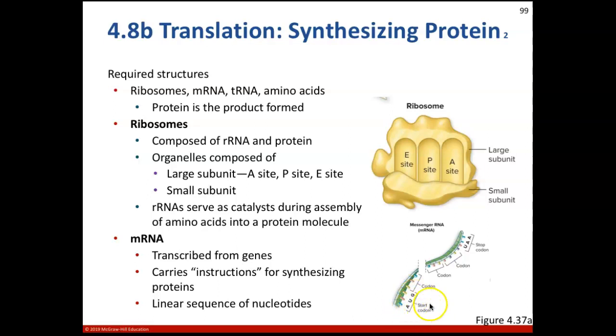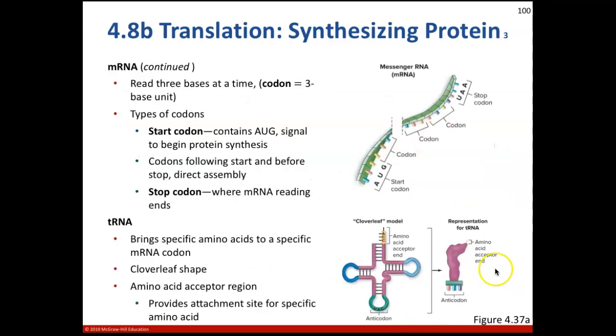So AUG is our start codon. That's going to tell our ribosome, hey, start over here and start building, and it'll read each of these codes and attach amino acids. And that's basically what this says over here. So we've got our start codon signaling protein synthesis, and then we're going to read through until our stop codon.